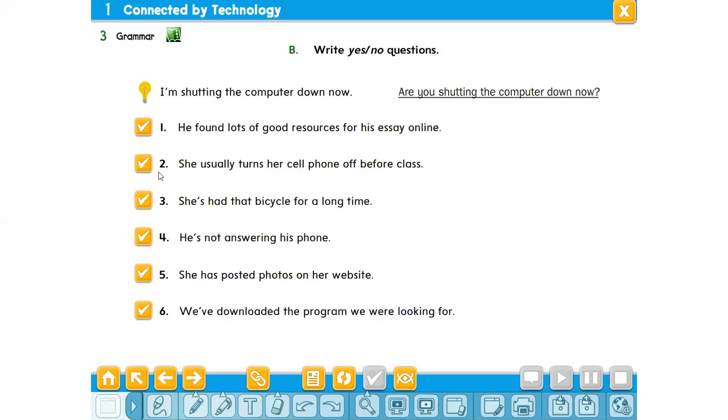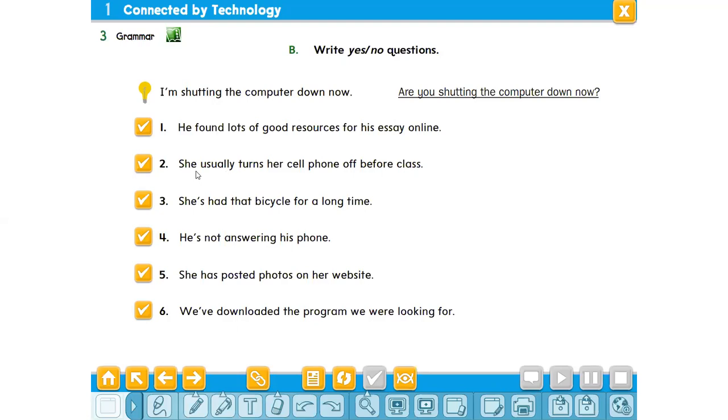Okay, let me first read this statement for you. She usually turns her cell phone off before class. What's your question here? Does she usually turn her cell phone off before class?